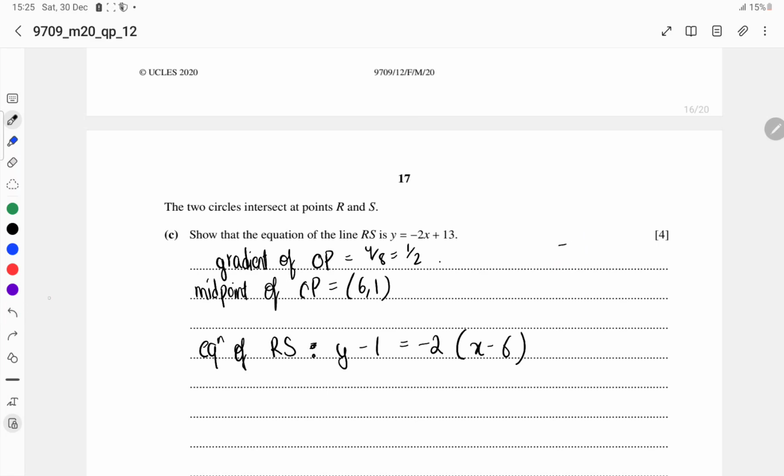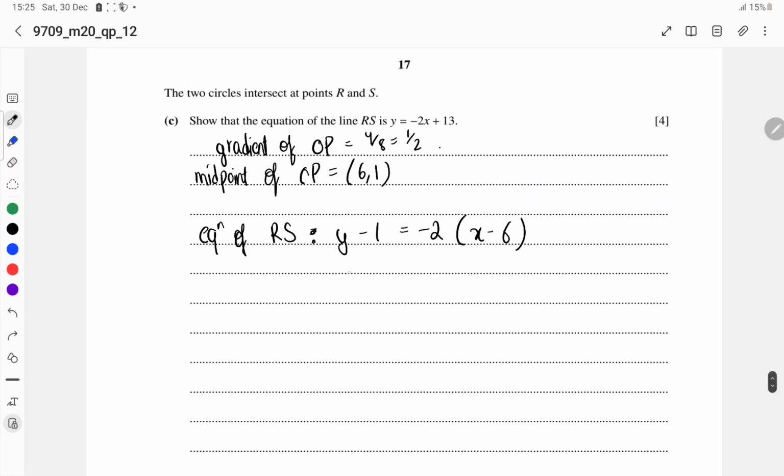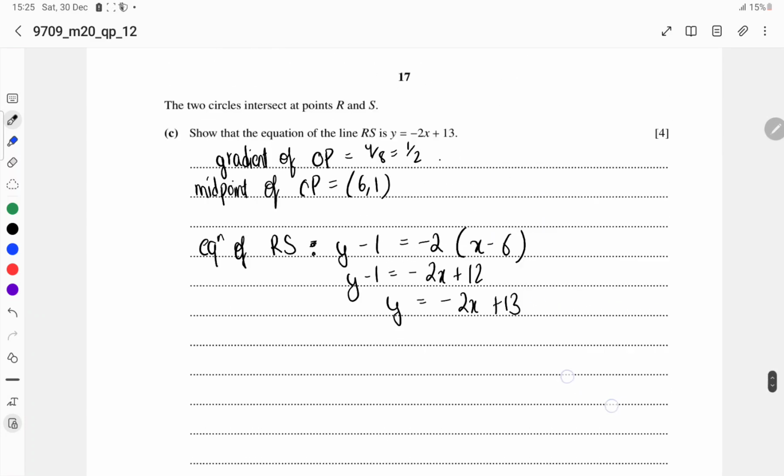So minus 1 over m is simply minus 2. So our equation becomes y minus 1 equals minus 2x plus 12. We need to find it in y equals mx plus c form: y equals minus 2x plus 13, right? So this is our required equation of RS.